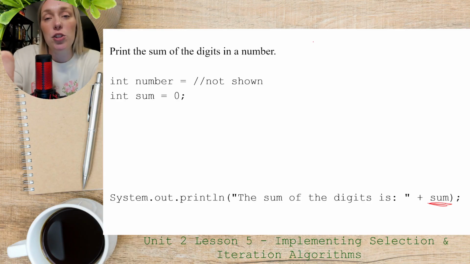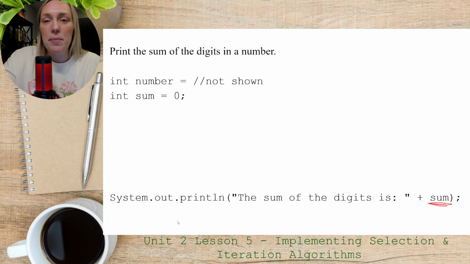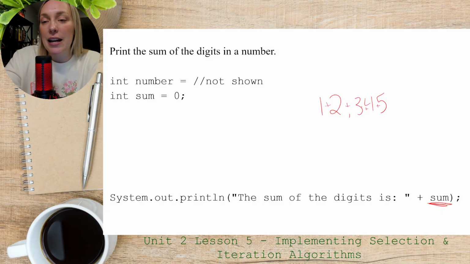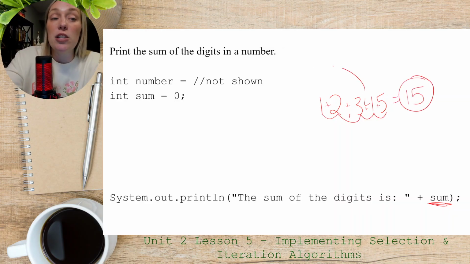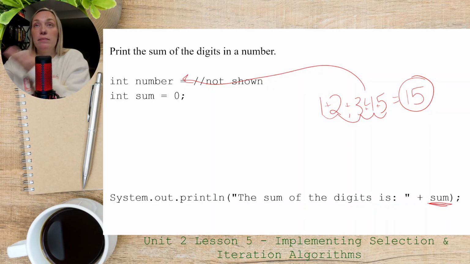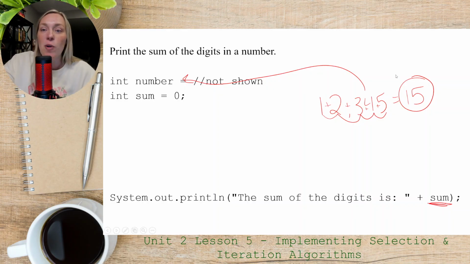So if you have the 12,345, you want to add up all of these together, right? 1 plus 2 is 3, 6, 10, 15. The sum would be 15. So if this was stored in number, you want the sum of the digits to be 15 when you're done. Okay. So how can we write code to accomplish that?